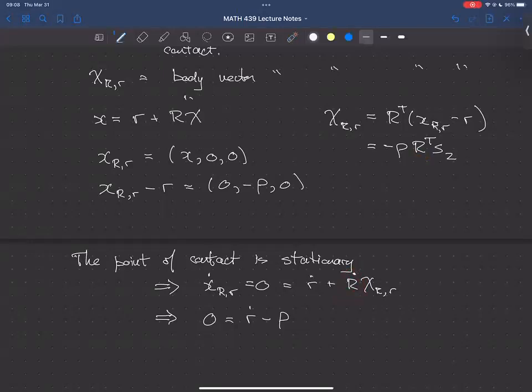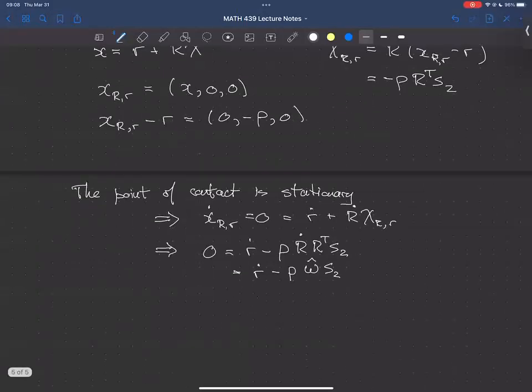First I'll write it out fully and then make the substitution. That's just substituting in chi_RR. So this is r dot minus rho, and then omega hat times s2.